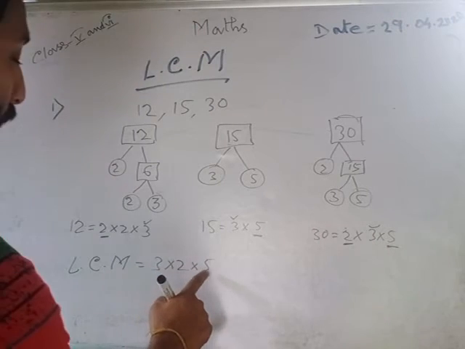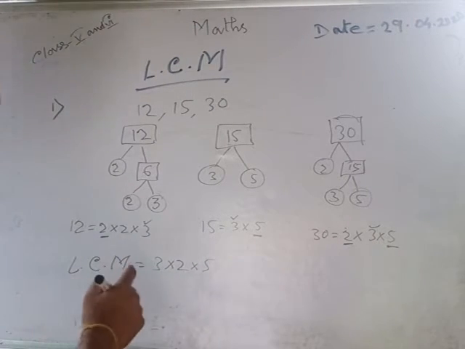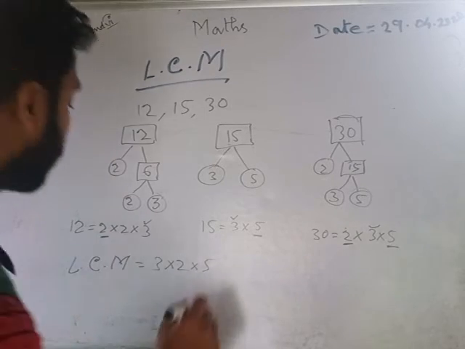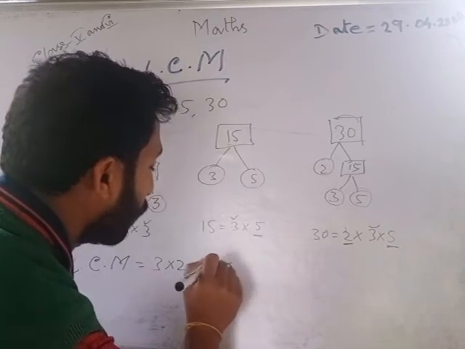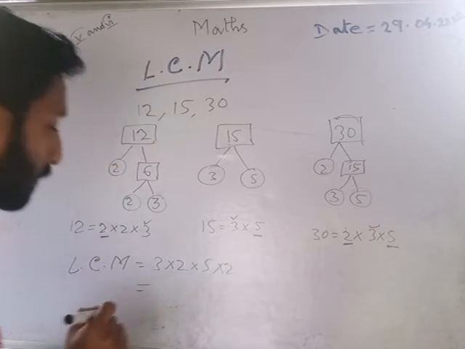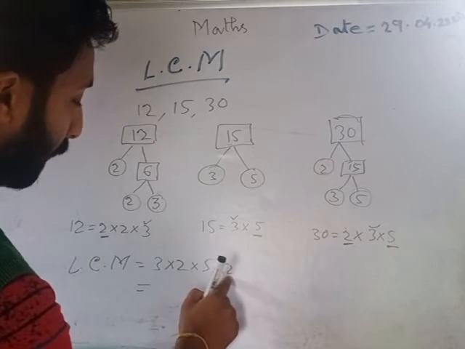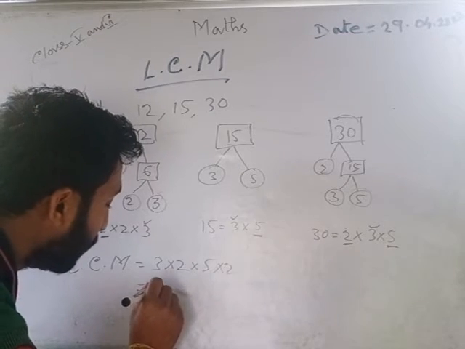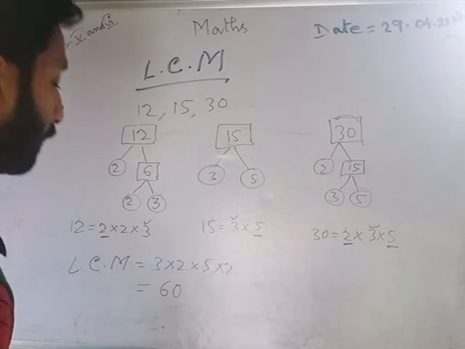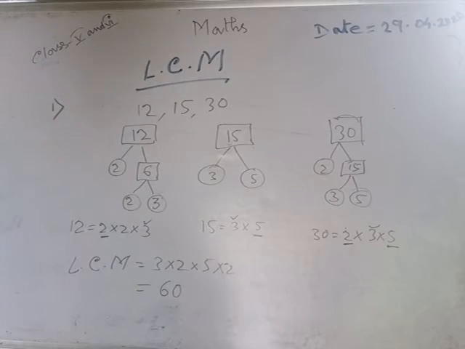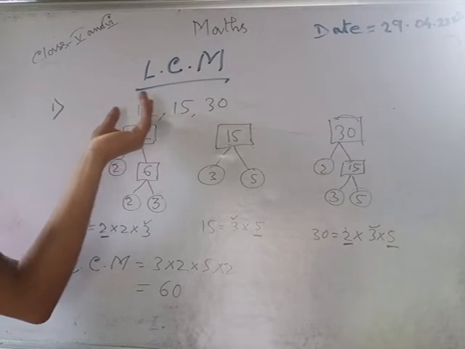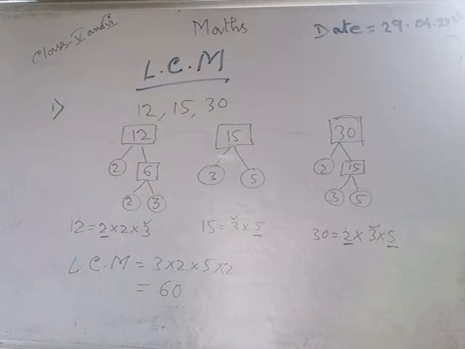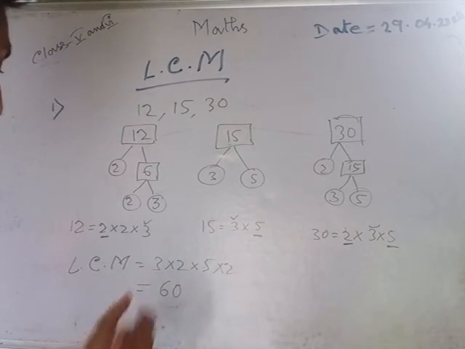After that we go to the next left, 2. So we should write 2. All the numbers we can write: 3 5s are 15, 15 2s are 30, 30 2s are 60. So the LCM of 12, 15 and 30 is 60.